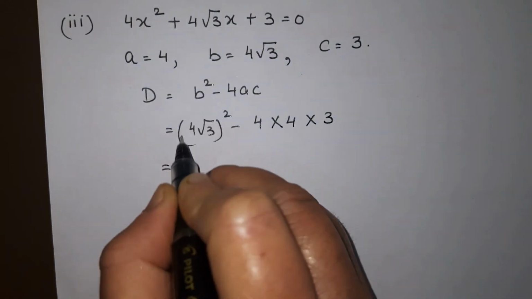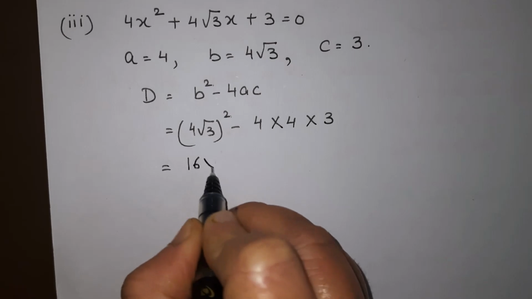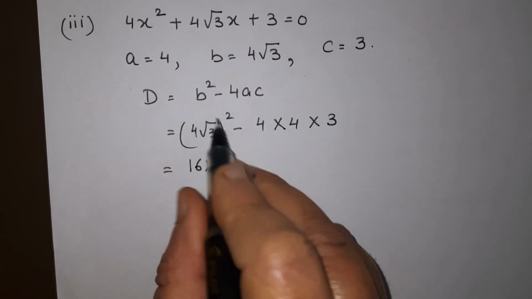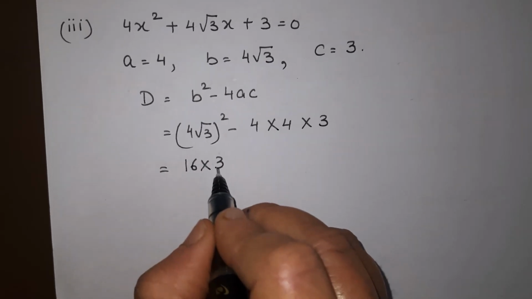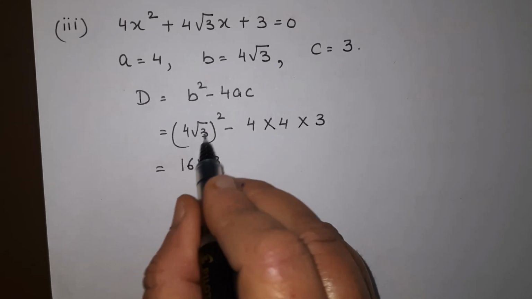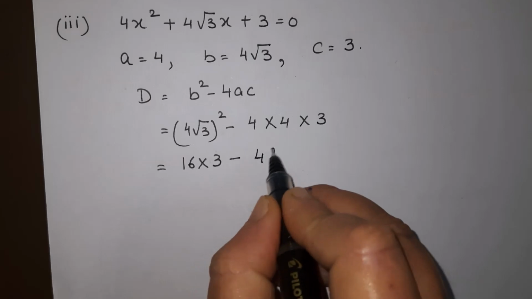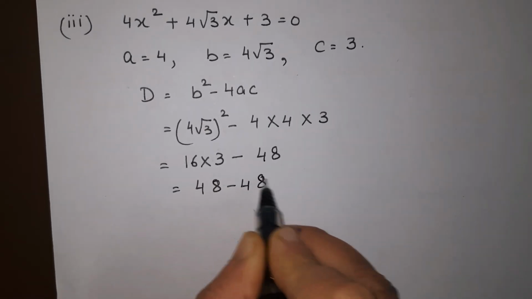Now see, when we have to find the square of 4 root 3, we find the squares separately and then multiply. 4 square is 16, root 3 square is 3. Now similarly here 16 3s are 48. So here it is 48 minus 48, which is 0.